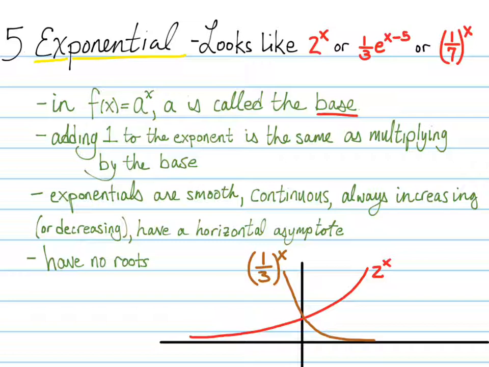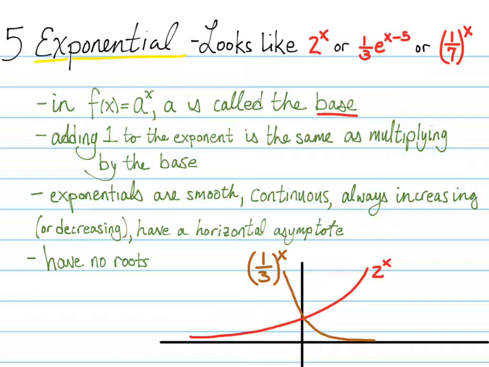Exponentials are nice because they're smooth and continuous. They're always either increasing. If you look down below at the graphs, the red one is always getting bigger as you go to the right, and the brown one is always getting smaller as you go to the right. They either always get bigger or always get smaller. They never do any turning around like a polynomial. They also have a horizontal asymptote, and unlike the rational functions, their horizontal asymptote only happens on one side.